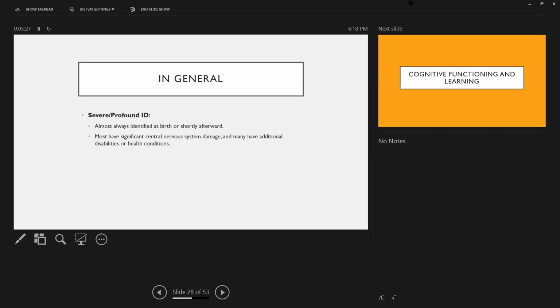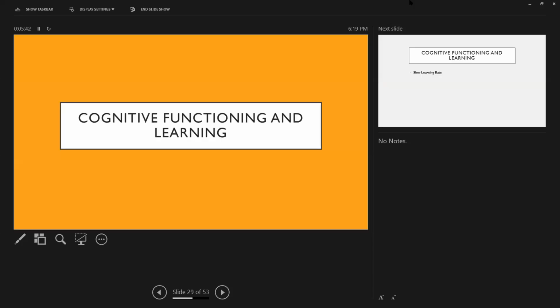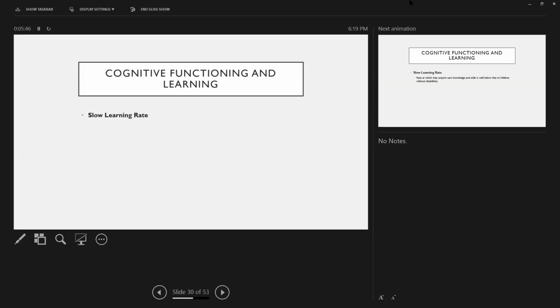So we'll now talk about basically how intellectual disability affects a variety of domains that are required to be successful in school, starting with cognitive functioning and learning. Joel already alluded to this, a slow learning rate.